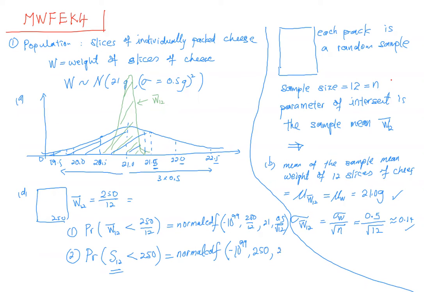Is it 21 times 12? Yes, you can just put in like that. Then how about the standard deviation? Square root of 12 times 0.5. So it's up to you. You can give me both. In this case, I will not deduct your marks.